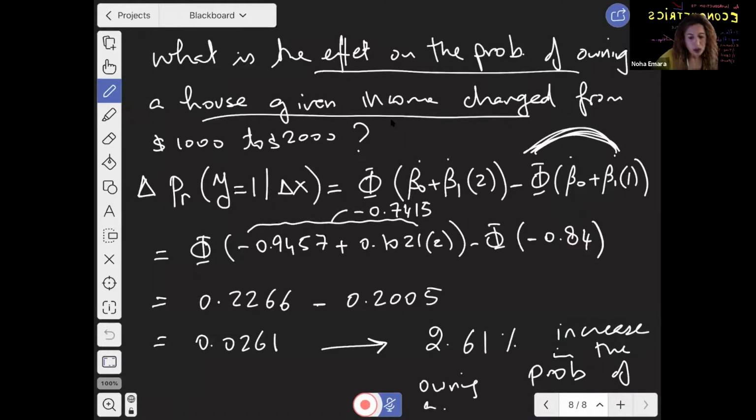Okay, so I think it's not too challenging. This is a very simple example. The probit model always takes an S shape, so that's why it's non-linear. Just like this, I'm going to write it here.